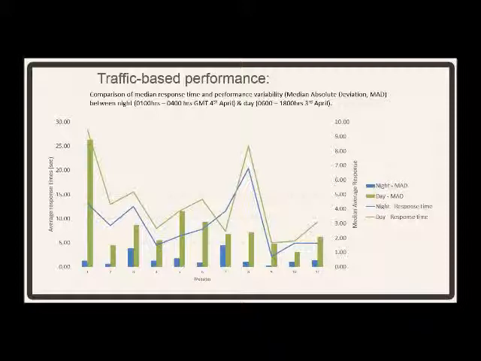So we're looking at two things there. Response, which is the histogram down the bottom, the daytime is the olive green and the nighttime is the blue, and then the line graph is the variation, median absolute deviation, which is a robust measure of deviation, similar to standard deviation, to which it's related in some ways.